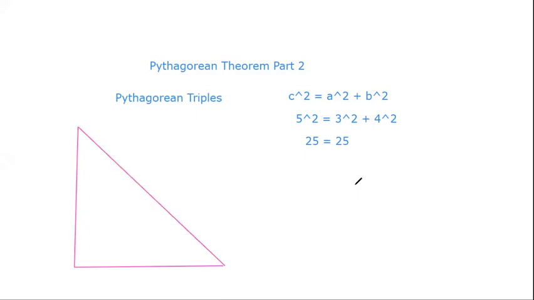So what that means is if you have a triangle that is a right triangle, and the side lengths are 3 and 4, what do you already know the hypotenuse has to be? A 5. What if you have the 3 and the 5?